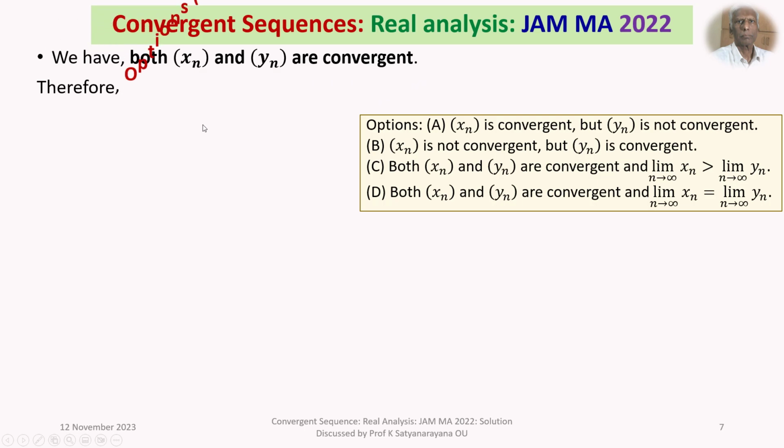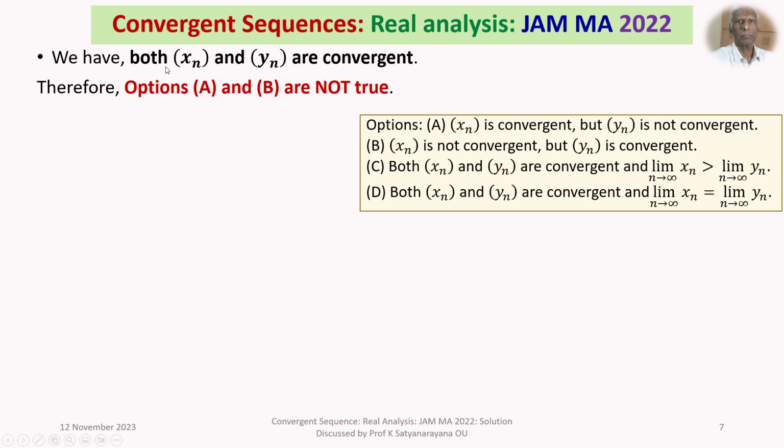Therefore both options A and B are not true. In the case of C and D, both are convergent, but we have to look at the limits of xn and yn. If one is greater, then option C is true. If they are equal, option D is true.